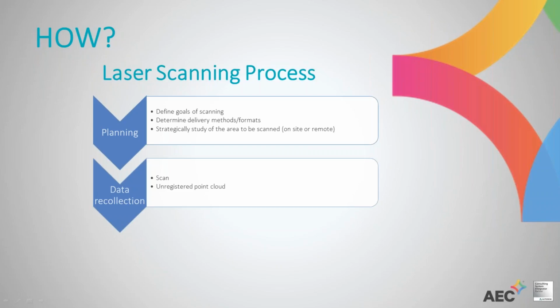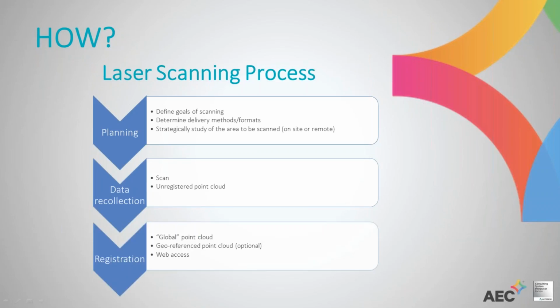Then the data collection, where we take the scans per se, gives the unregistered point cloud, which would be these separate scans. The registration is the global point cloud, which is all these individual scans put together into one big point cloud.